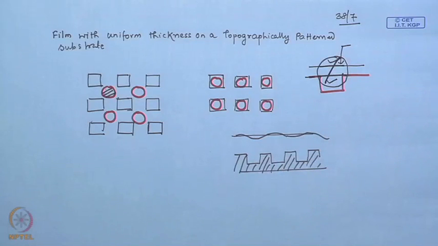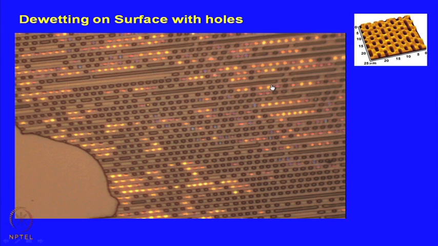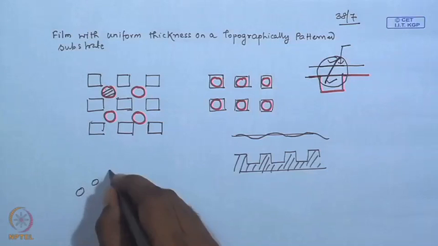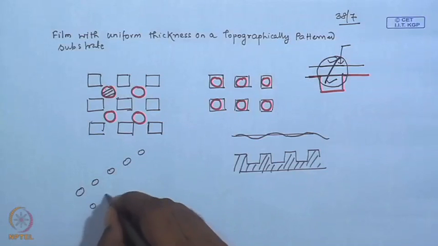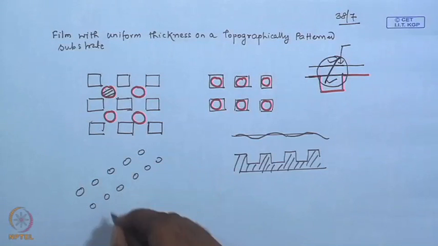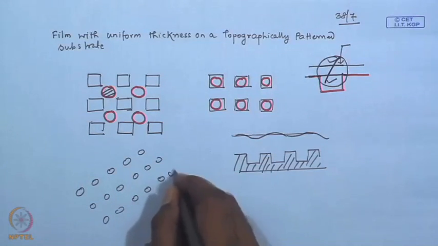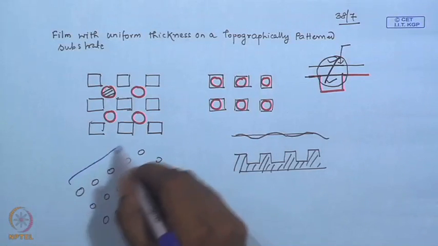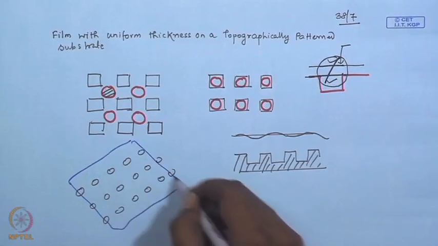What we showed in the case of this movie, for example, is that the film ruptures at the length scale at the level of each feature. Okay. So, you have an array of holes, and you have a film which is floated on that.